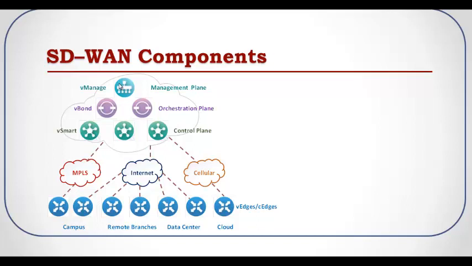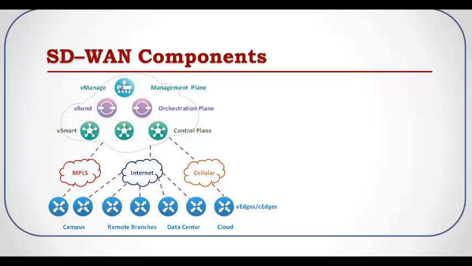So the edge devices, they advertise. Not straight away they can advertise, because SD-WAN is an overlay concept. It needs to be advertised via the tunnel.